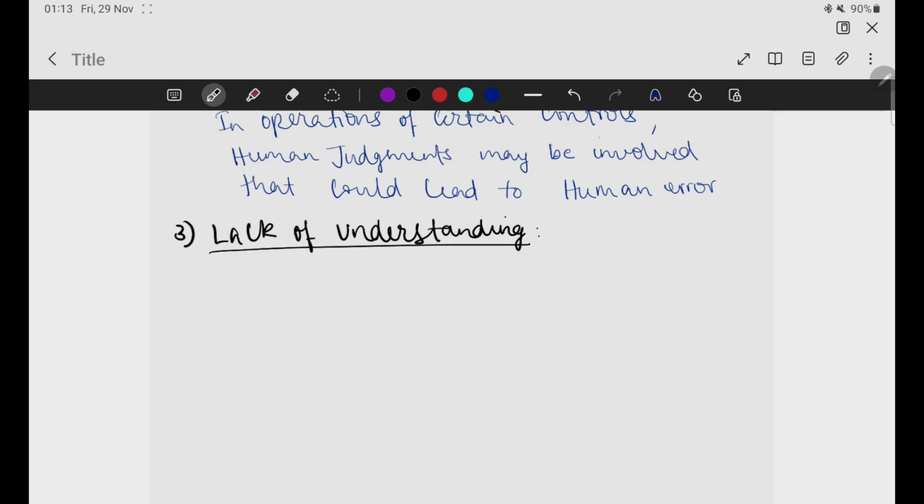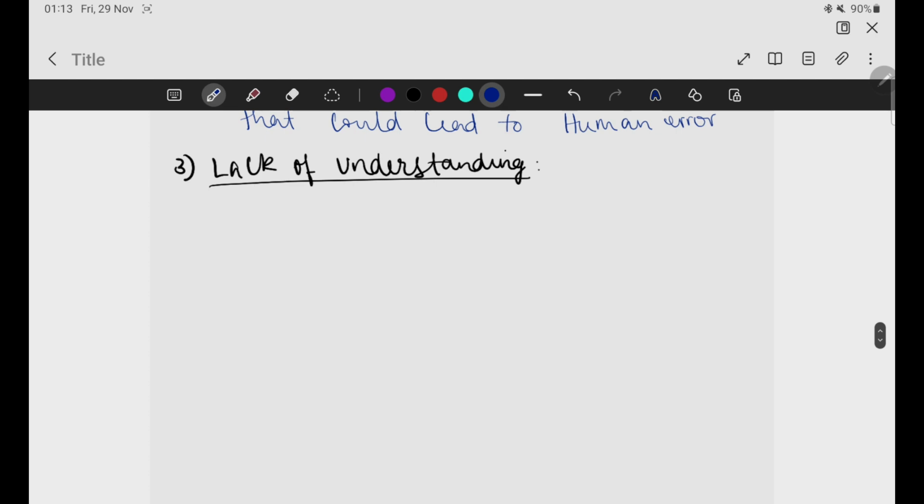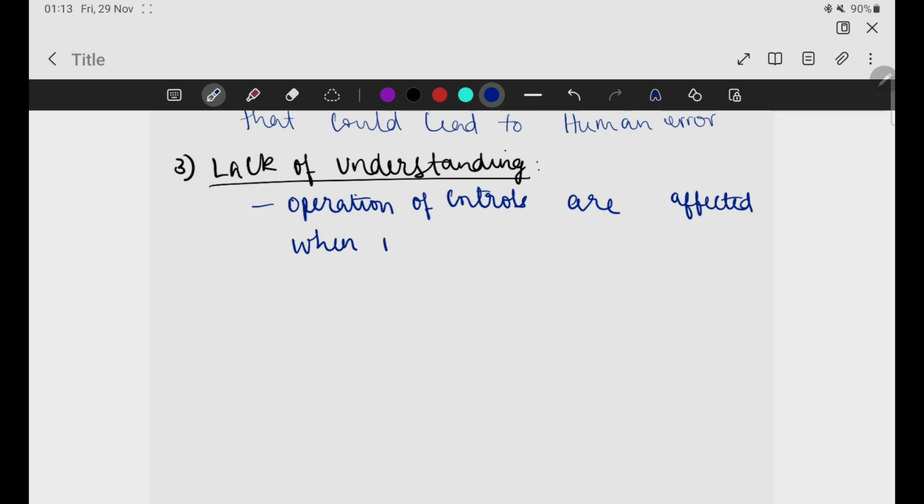In this, what we had seen was that operation of controls may be affected, or rather are affected when the individual having the information.